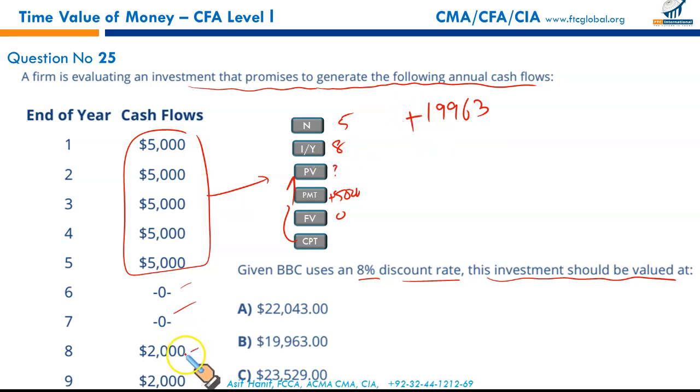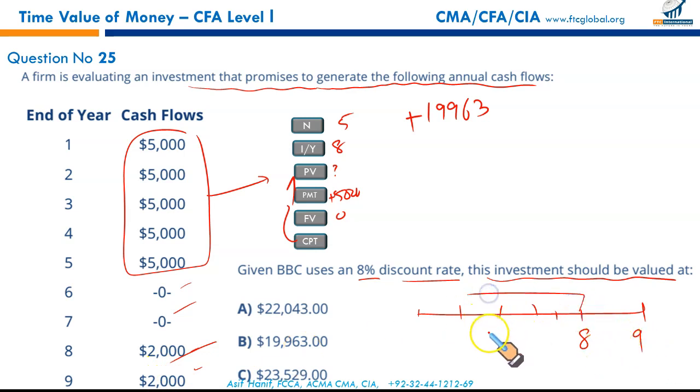For these 2,000, simply divide them by how many years it has till year 0. You can draw the number line. I normally simply plug in the numbers and get the result. For those who would like to use this method, we have 2 cash flows, one coming at the end of year 8 and other at the end of year 9.